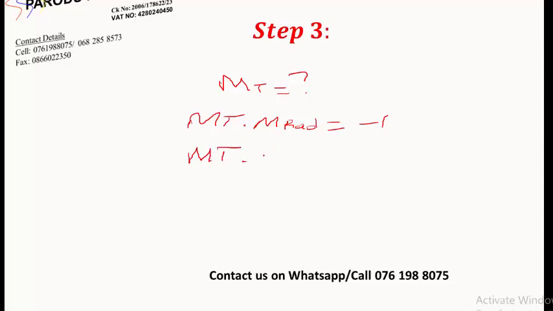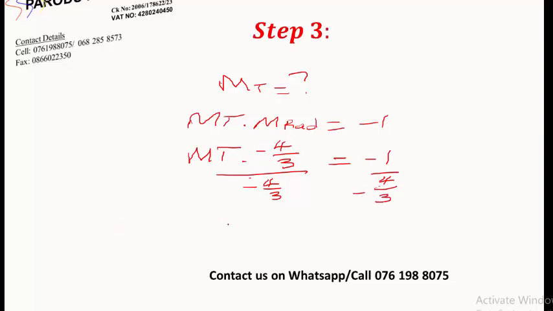Now for the radius, you do know that it's -4/3, and mt times -4/3 equals -1. You will therefore have to divide both sides by -4/3.